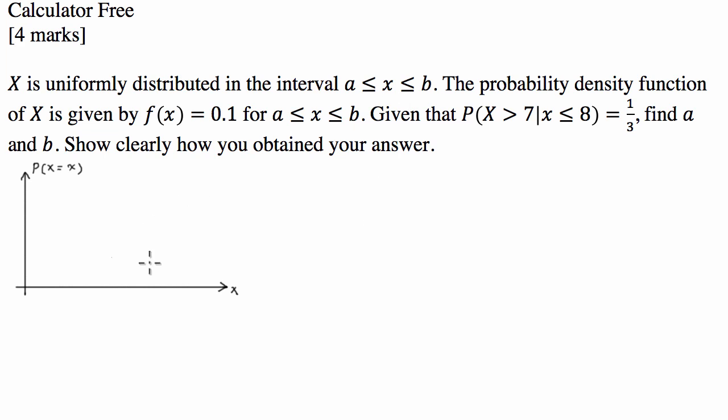Okay, so what we've been told is that we've got a uniform distribution on the interval a to b. That means we've got some point here and some point here. We're going to call this a, we're going to call this b, and we've got a probability density function given by f of x equals 0.1.